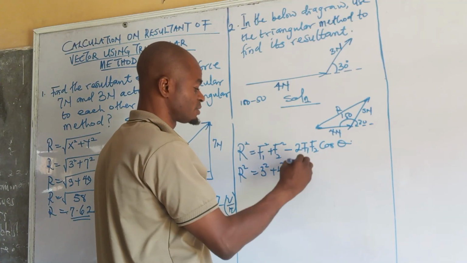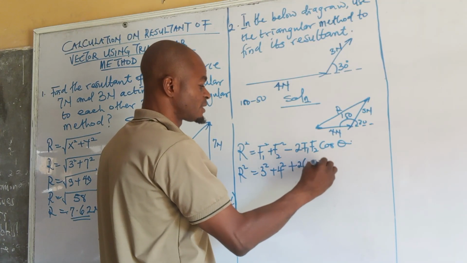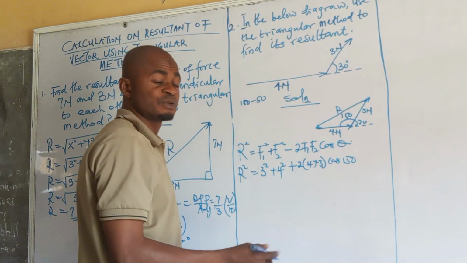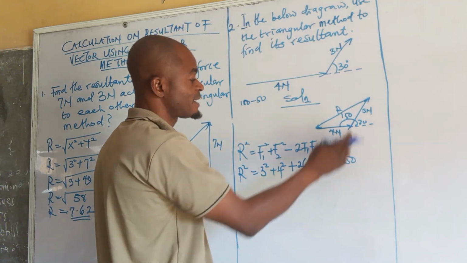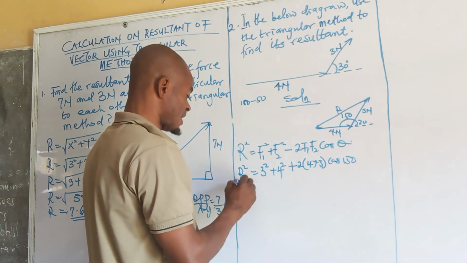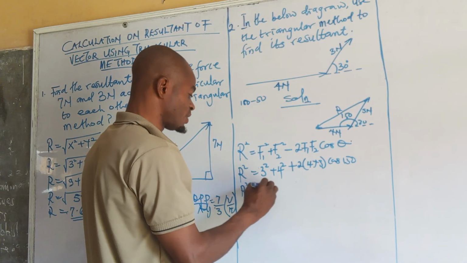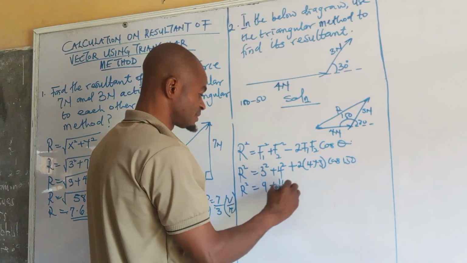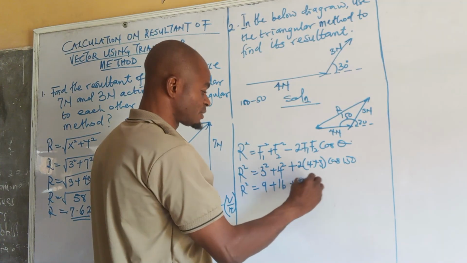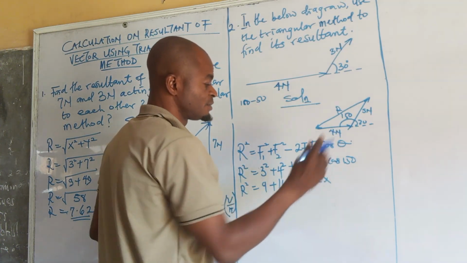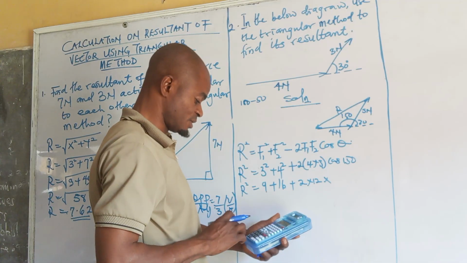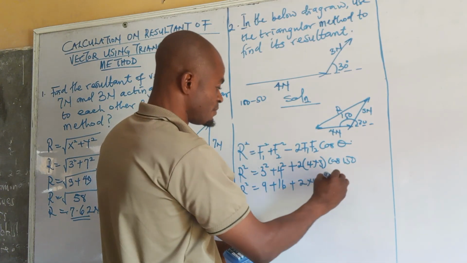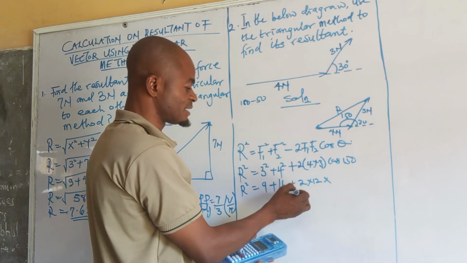This will now change to plus. We have 2 into 4 times 3 cos 150. Remember that cos 150 is the same thing as cos 30. Therefore, our R squared will be equal to 9 plus 16 plus 2 times 12 times, when you look at this inside the calculator, cos 150 will give you minus, and that minus is the one that changes this one.